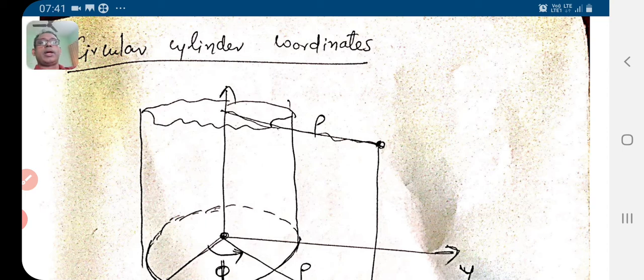Now we apply this to a particular curvilinear coordinate system, the circular cylinder coordinates.